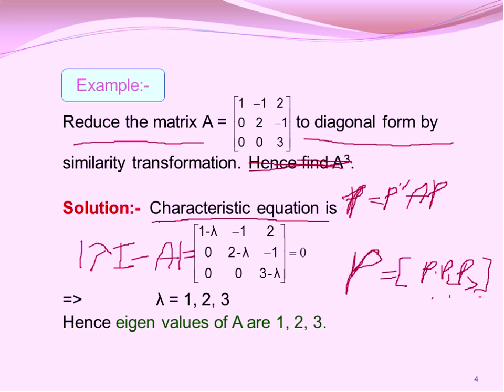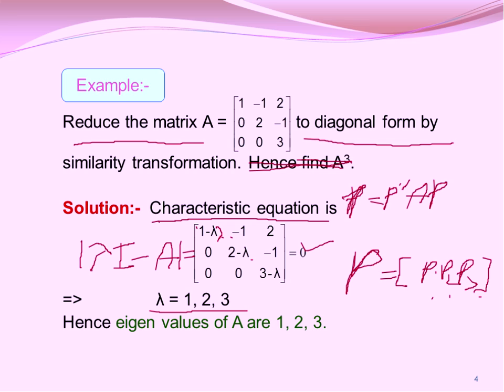The formula of the characteristic equation is determinant of lambda I minus A equals 0. When you solve this determinant by cross multiplying and expanding it, there is a cubic equation, and when you solve this cubic equation, there are three values of lambda: lambda equals 1, 2, 3.